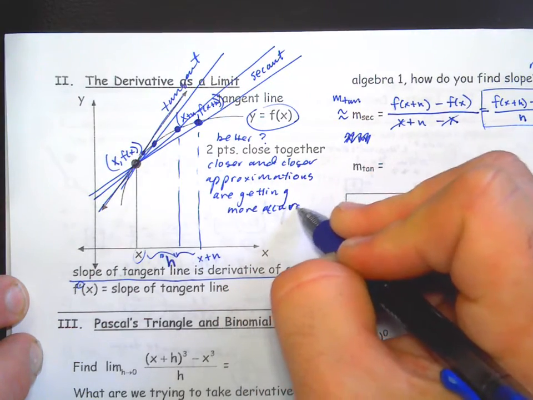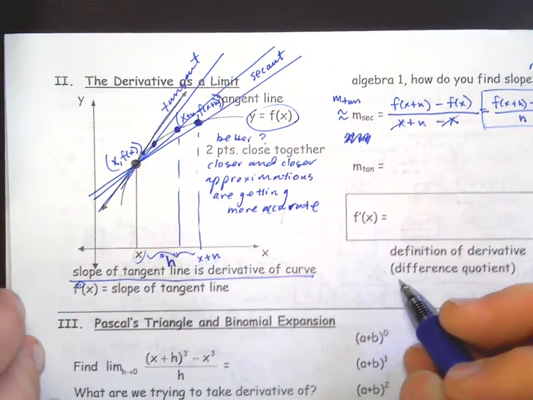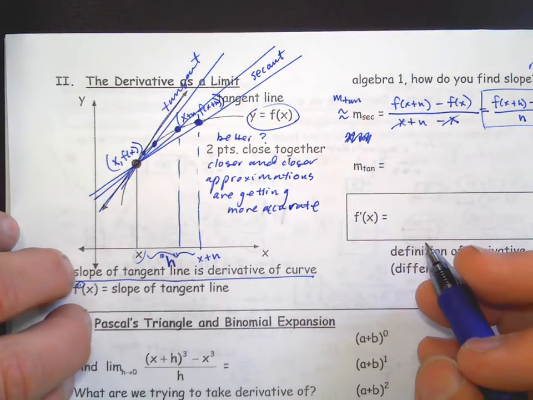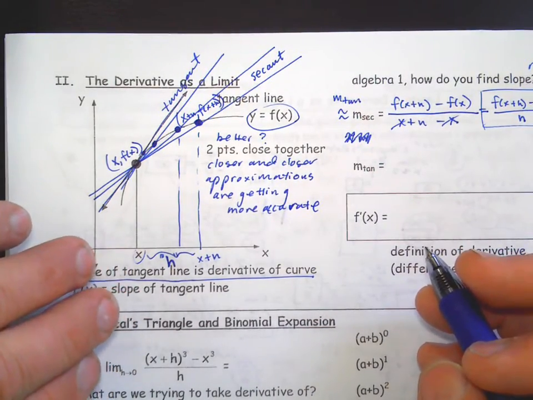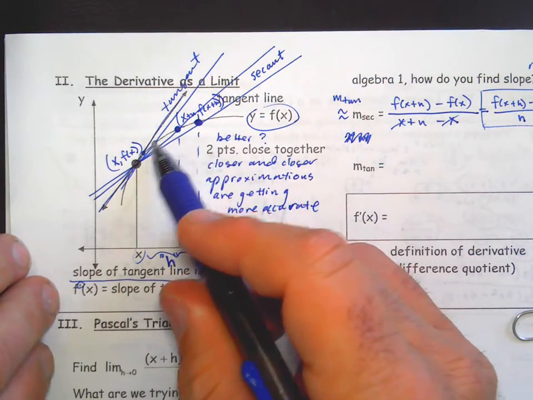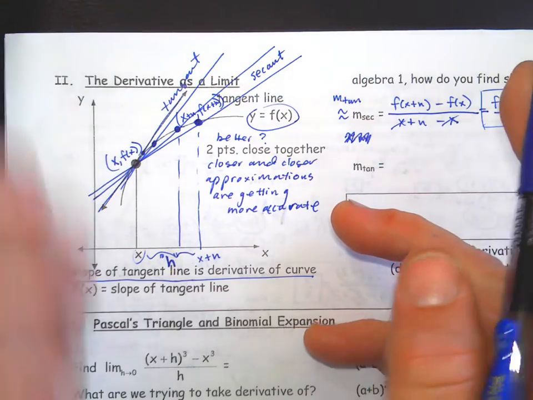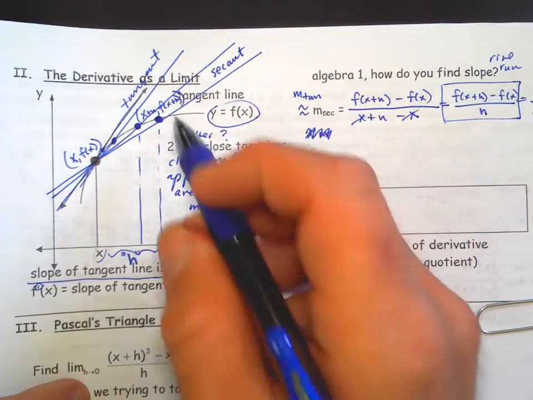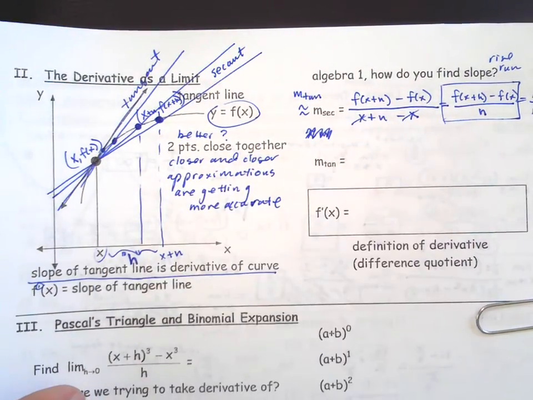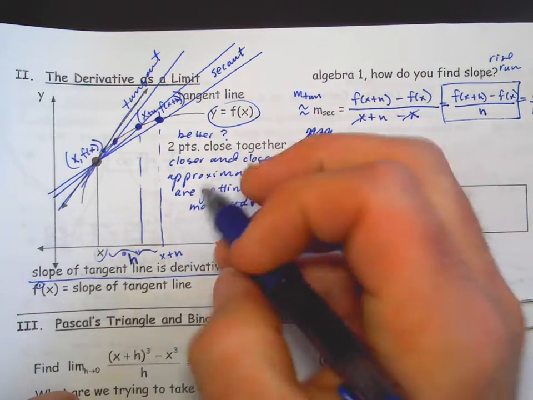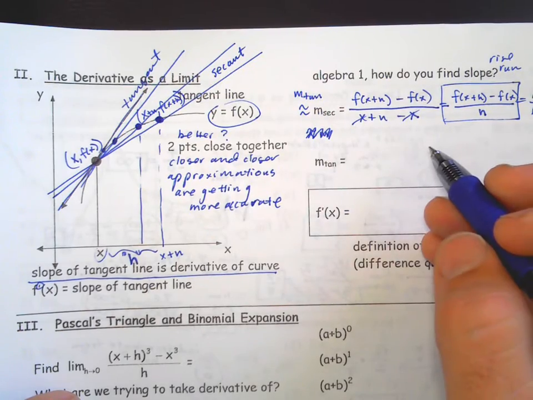Now, how do we write that? How do we show that? This is a limit idea. We're trying to get these as this approaches this. That's what we always say with limits. As this approaches this, or in other words, one of the things that's happening here is that h is getting smaller and smaller and smaller, right?